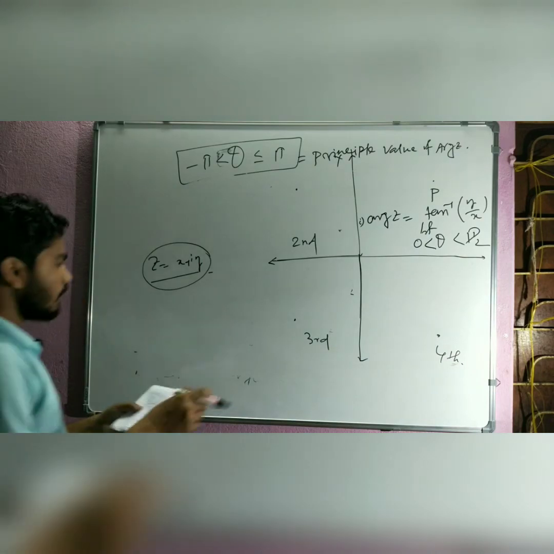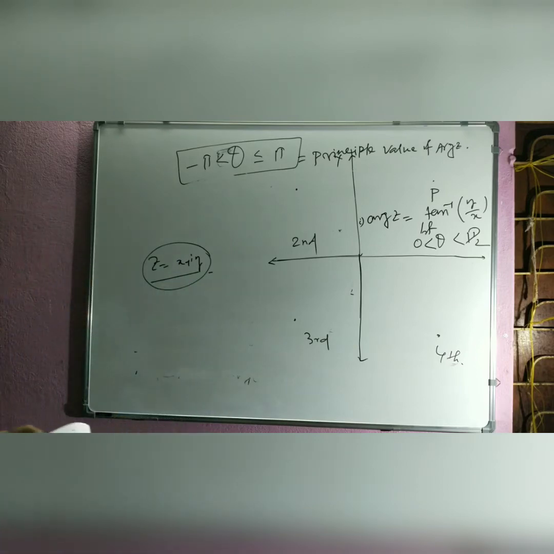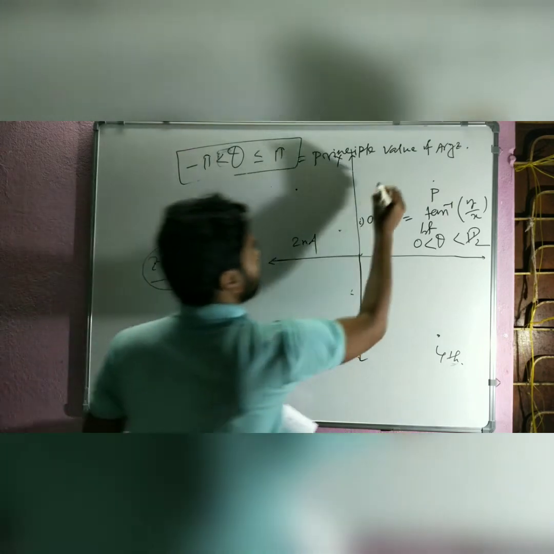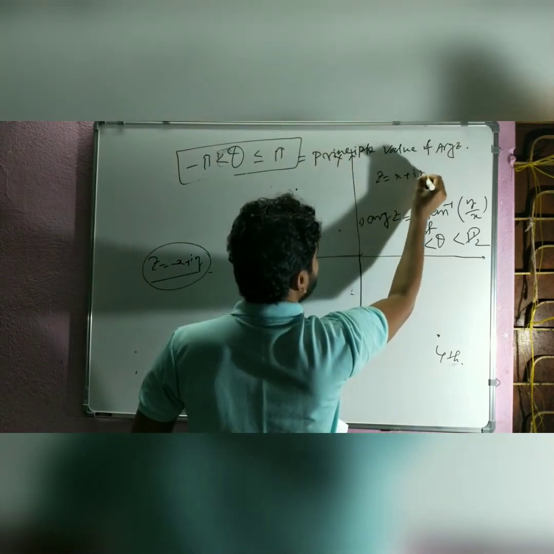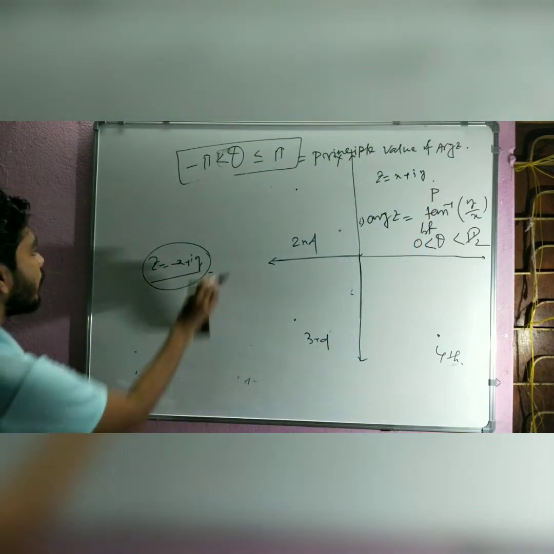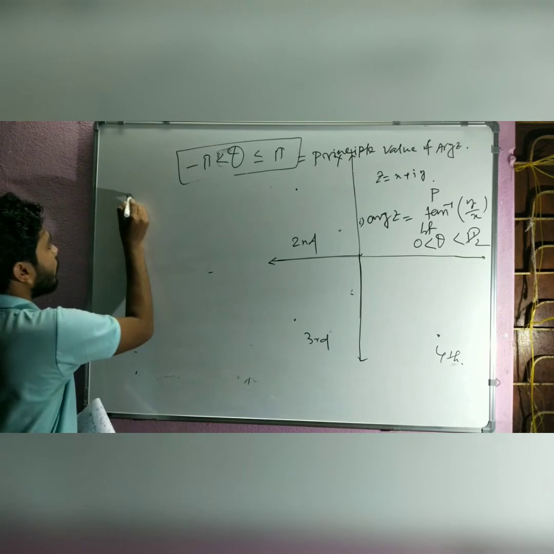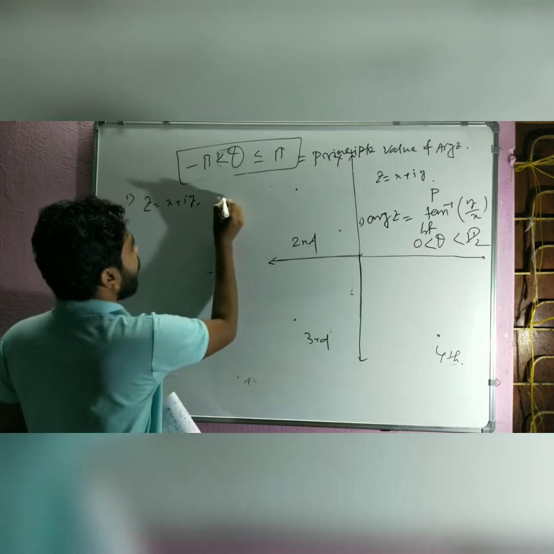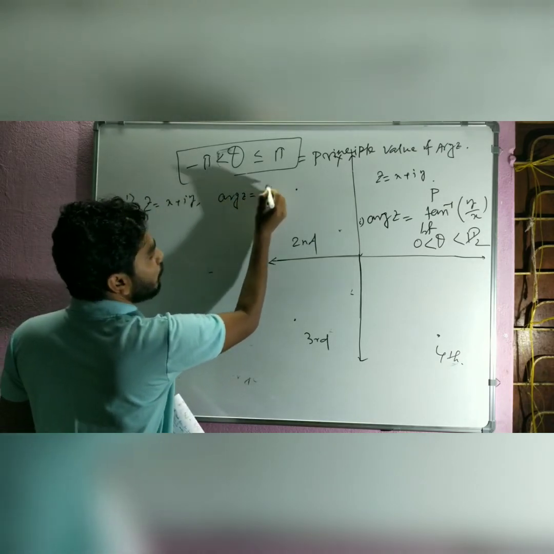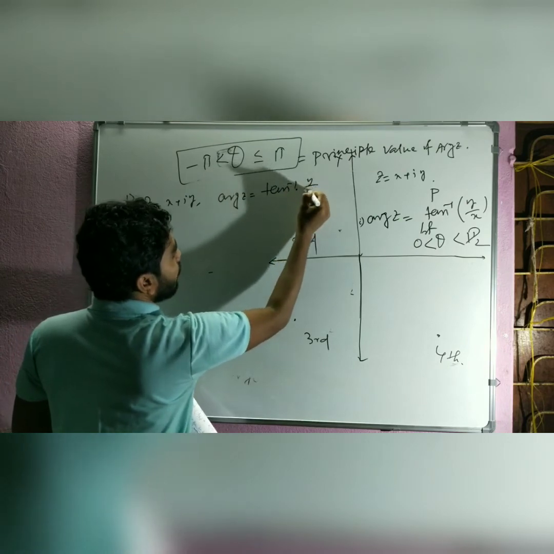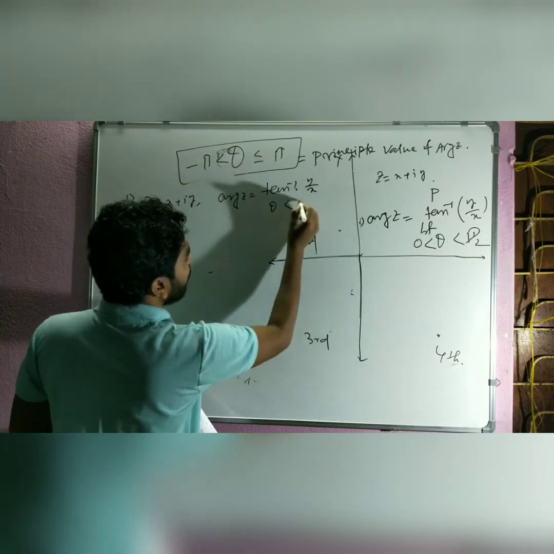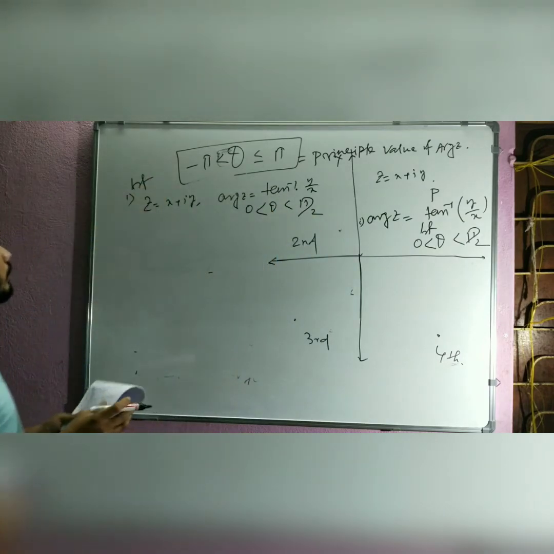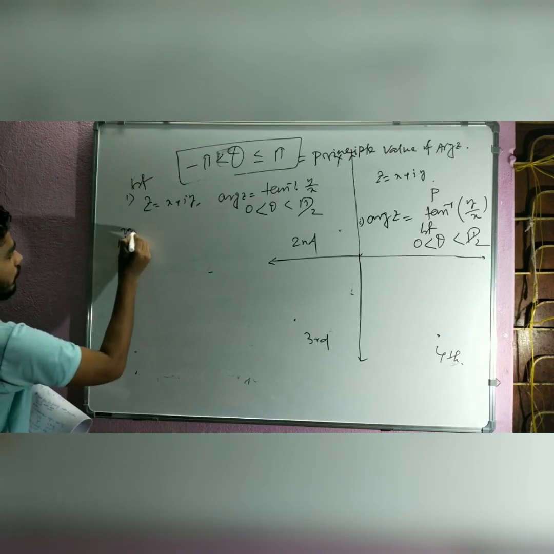Second quadrant: if the complex number z equal to x plus iy is in the second quadrant, x is negative and y is positive.